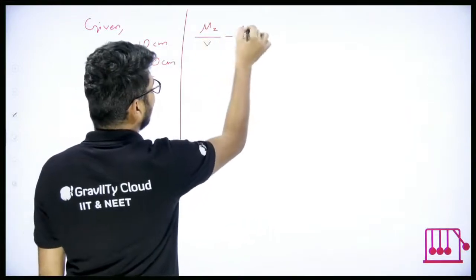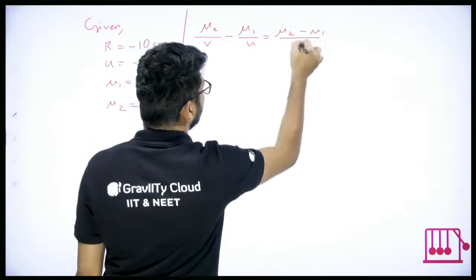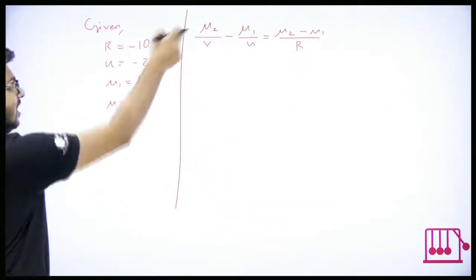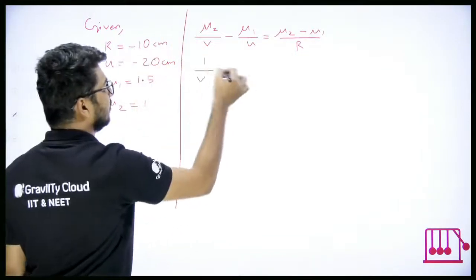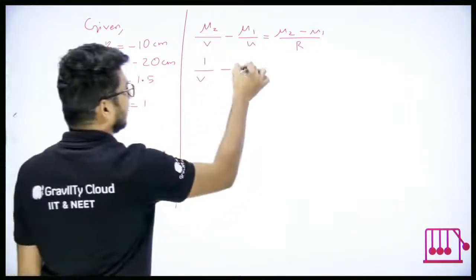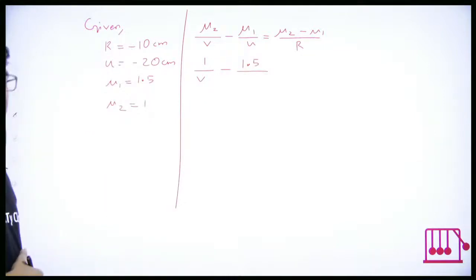Mu2 by V minus mu1 by U is equal to mu2 minus mu1 by R. What is mu2? Very careful, let me substitute. Mu2 is 1, so 1 by V minus mu1, which is 1.5, upon U. What is U?